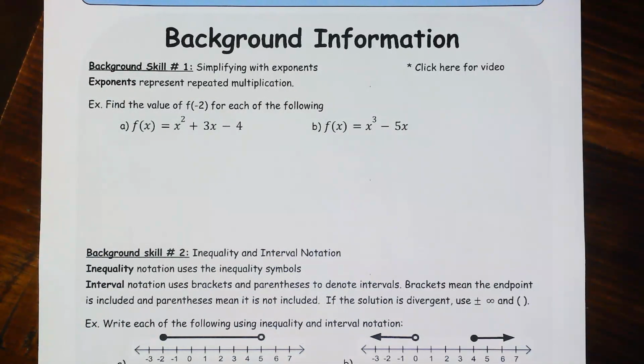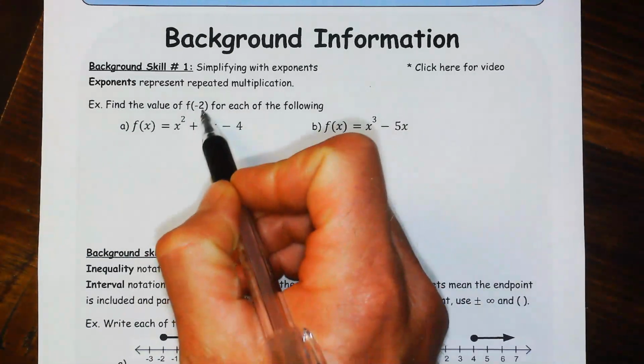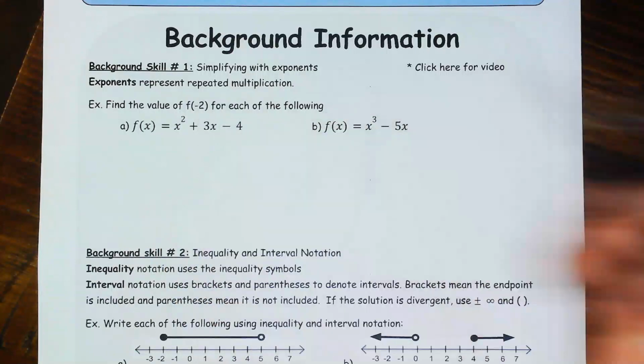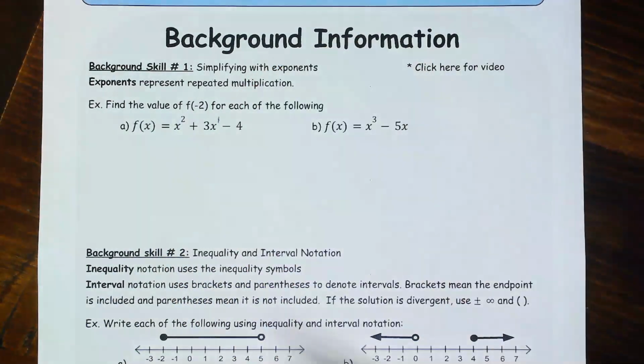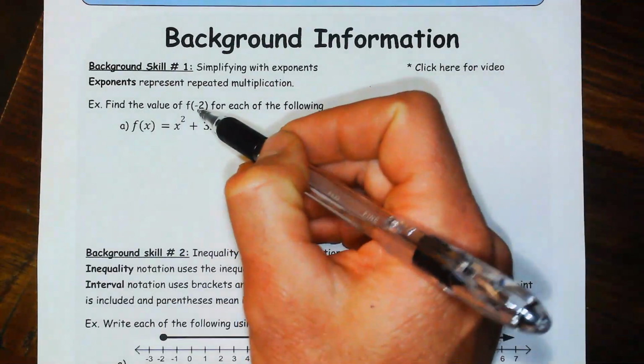Exponents represent repeated multiplication. Biggest thing I wanted to point out here is the difference between even exponents like squared, odd exponents like something to the first power, and then values without x as we plug in a negative value.